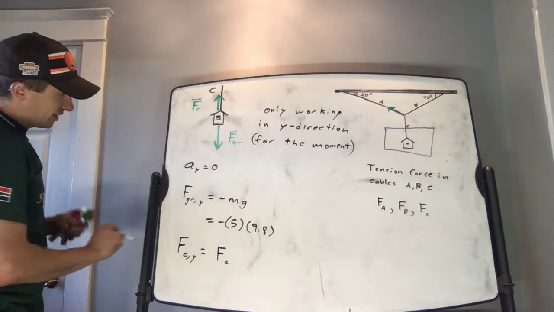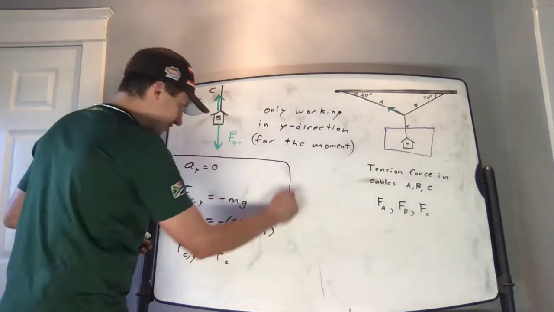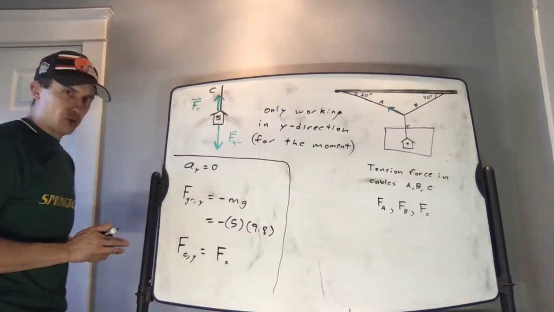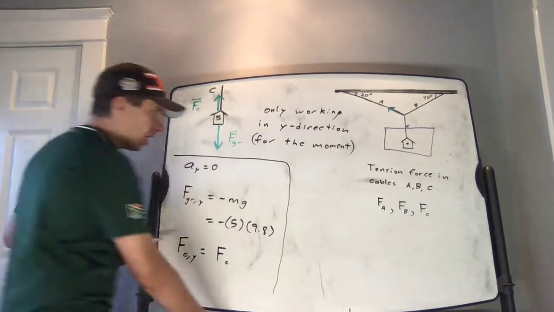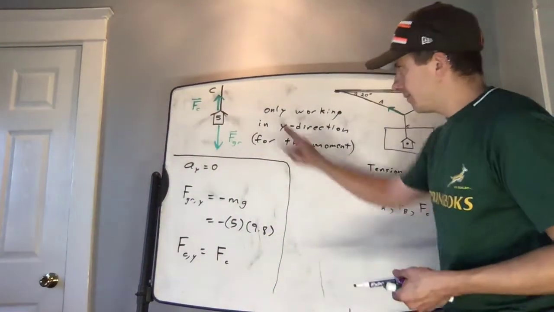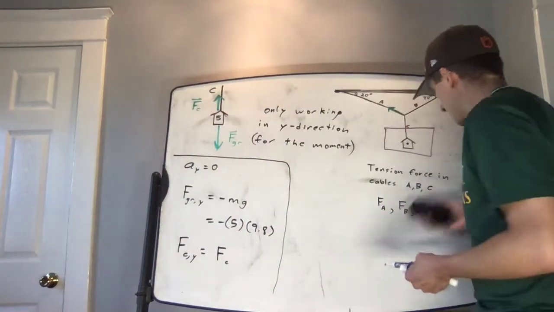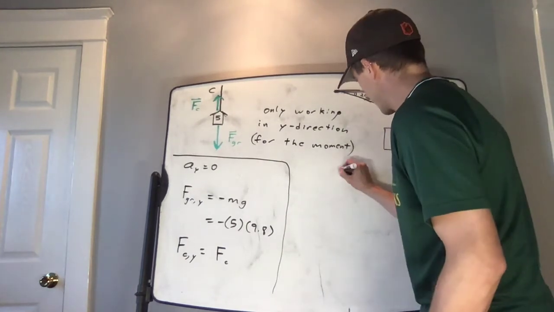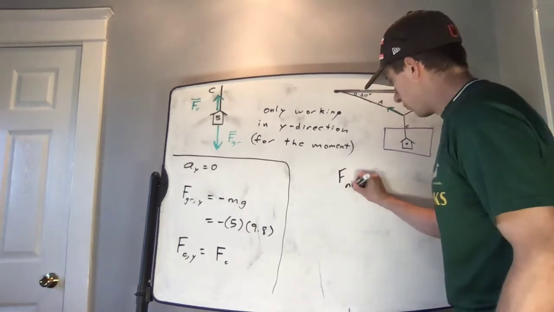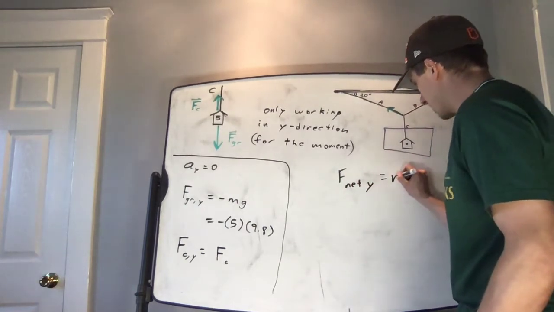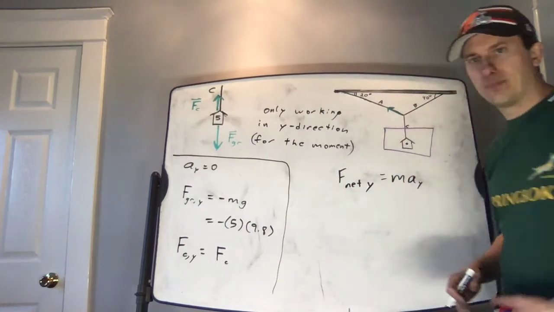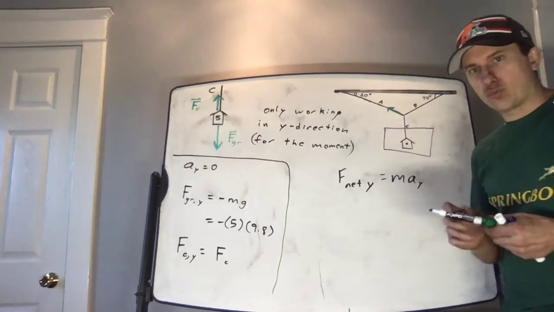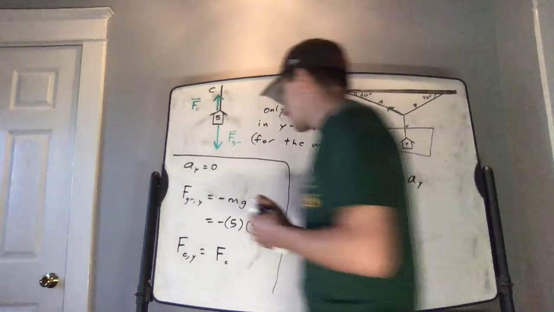So I'm going to take these 3 pieces of information and insert them into Newton's second law. Newton's second law, acting on the birdhouse, could be written as F net Y equals MAY. Okay, let's write out what all these forces are.